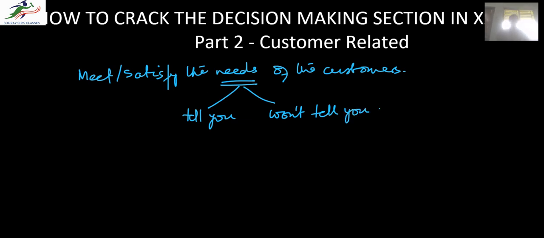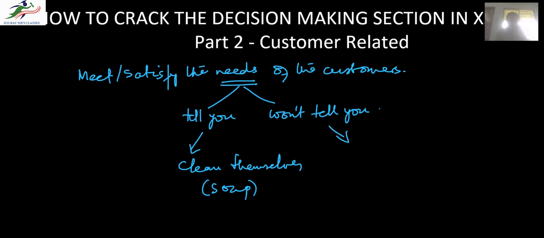For example, the customers might need something to clean themselves. That means they need a soap, very clear, but they might not tell you that they are looking for something which is organic or which smells good or which has a particular shape.